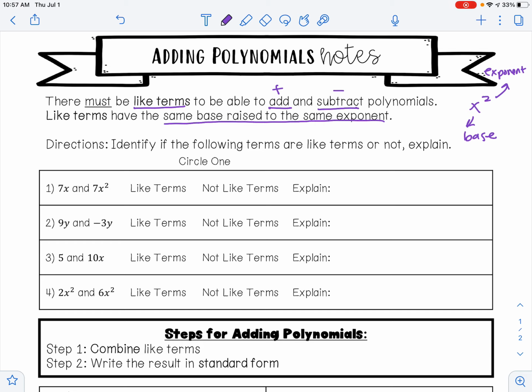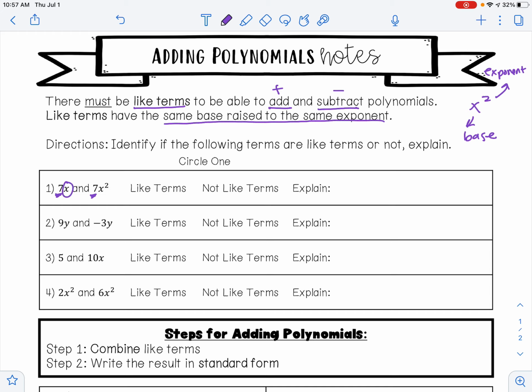On examples 1 through 4, it says identify if the following terms are like terms or not, explain. So I have 7x and 7x squared. Remember that the number in front of the variable is the coefficient. We do not need to have the same coefficient to be able to add or subtract.